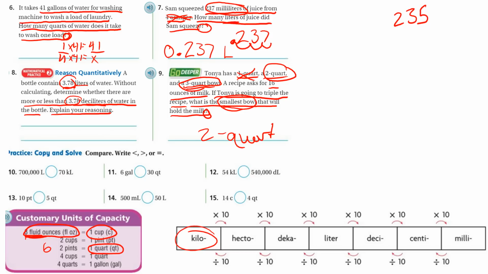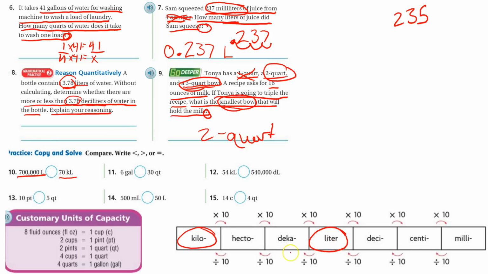Okay, and then finally down here we're comparing, seeing greater than or less than. I'm going to do 2, and then I want you to do the rest on your own. I'll do 1 customary and 1 metric. So number 10 is metric. We're dealing with liters. They gave me liters first, so I'll start at liters, and then I'm going to kiloliters, excuse me.